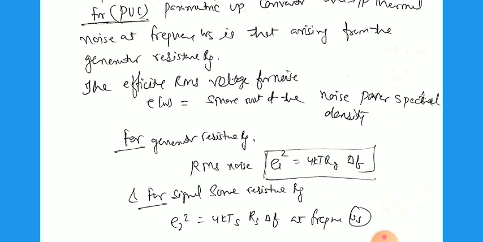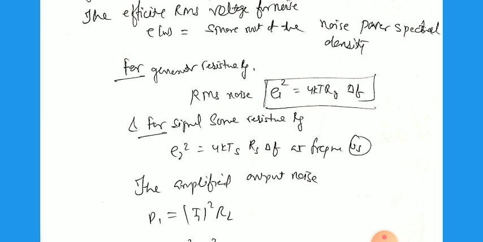For generator resistance Rg, the RMS value of E1 square equals 4kT Rg del f. Del f is the change in frequency or range of frequency, T is the temperature, k is the constant, and Rg is the resistance of the generator. And for signal source resistance Rs, we can write E2 square equal to 4kTs Rs delta f at the frequency omega s.